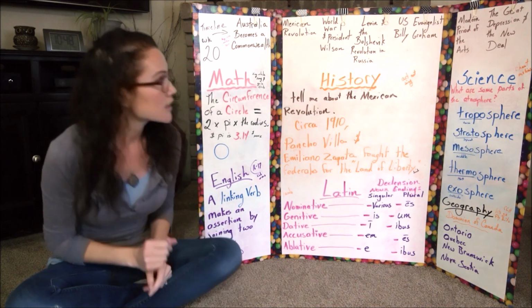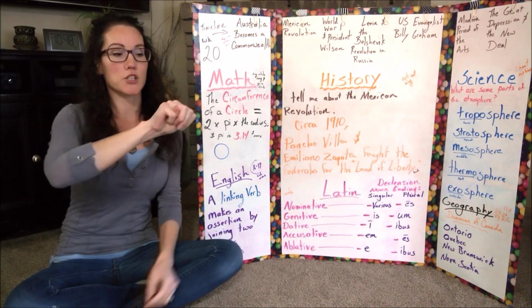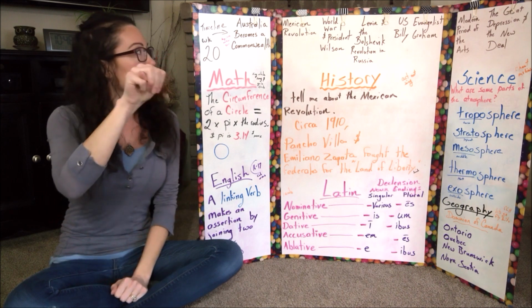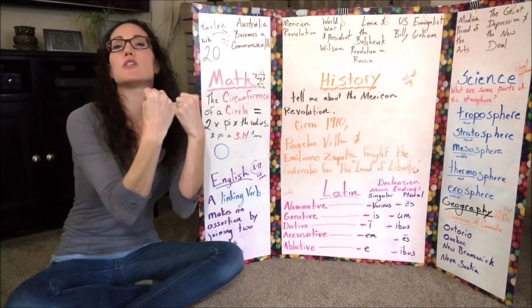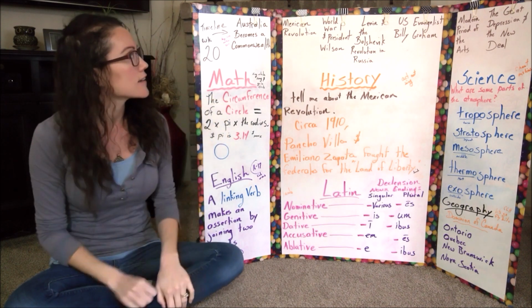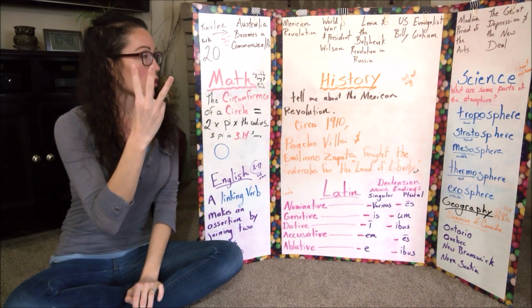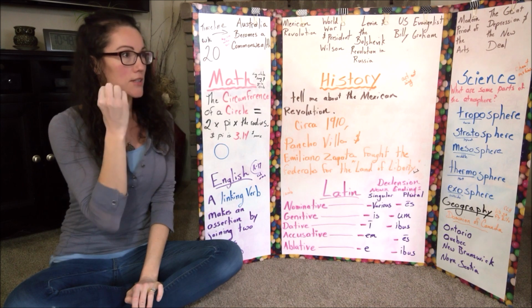We'll do that. Mexican Revolution, we'll do the ASL M, which is our thumb behind the 3 fingers for Mexican, and then we'll put up both fists for revolution. That's what we've been doing lately for revolution, ready for a fight. So Mexican Revolution, World War, so we'll do our ASL Ws.